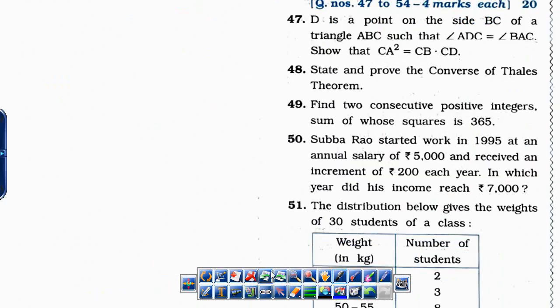47th question. We have entered the section D, 4 markers. D is a point on the side BC of triangle ABC such that the two angles are same.